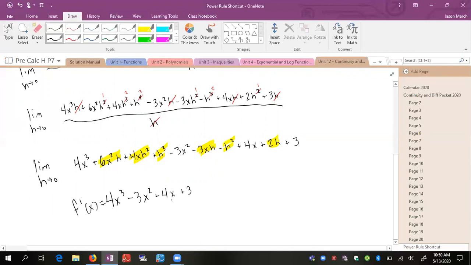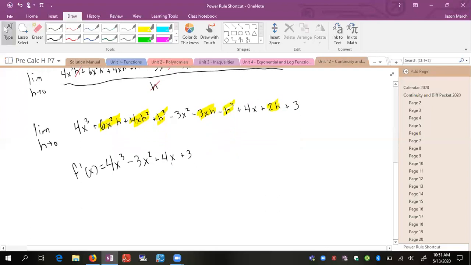So I'm going to analyze this. Let me slide this down, or no, maybe I'll just write it underneath. The original function was given as x to the fourth minus x to the third plus 2x squared plus 3x plus 100.